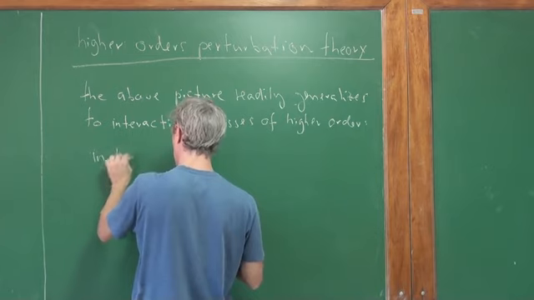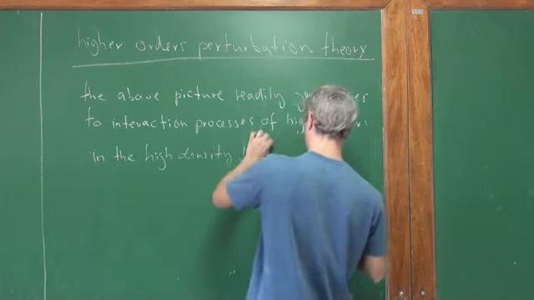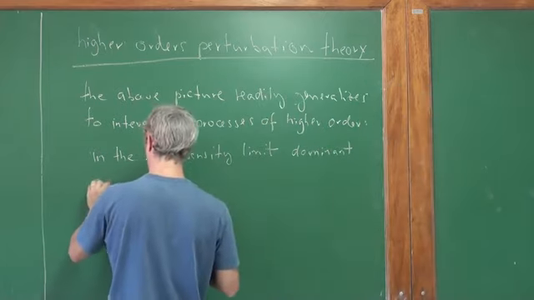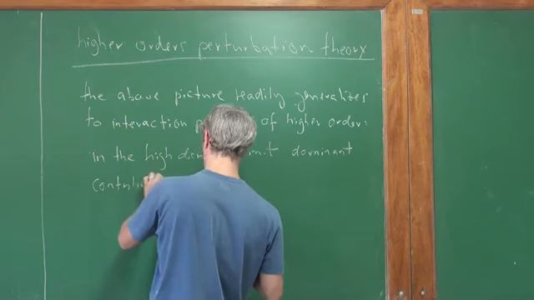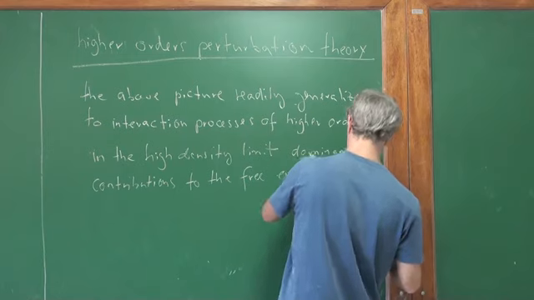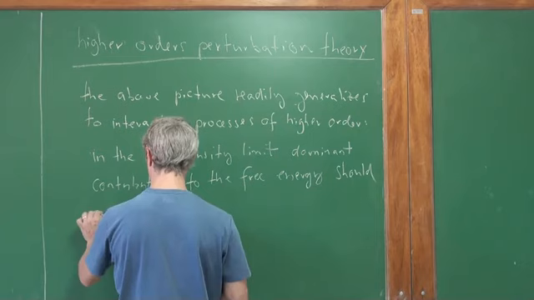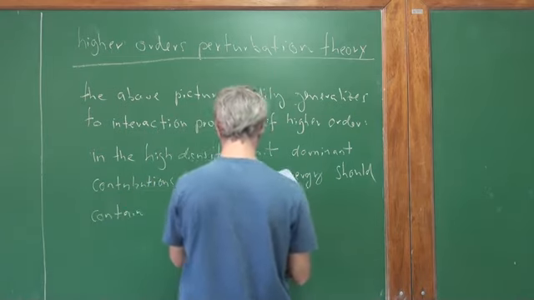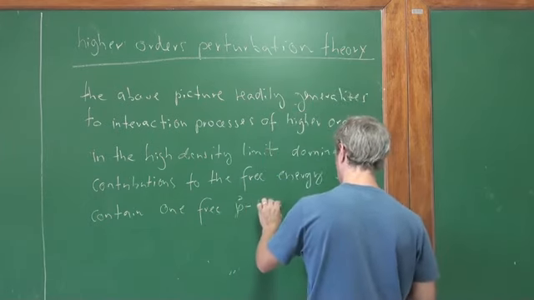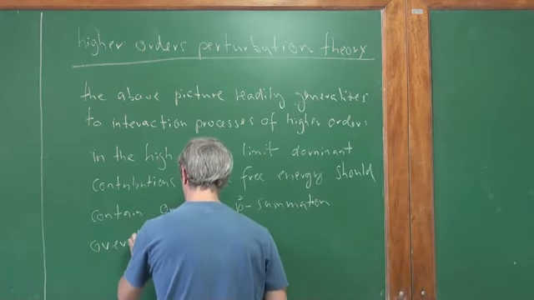That means in the high density limit, the dominant or the leading contributions to the free energy should contain, so generalizing what you found in second order, just one free momentum summation over the Fermi surface per interaction process.